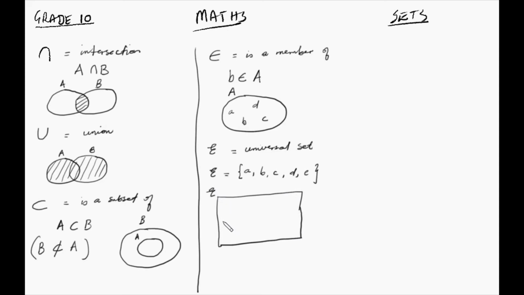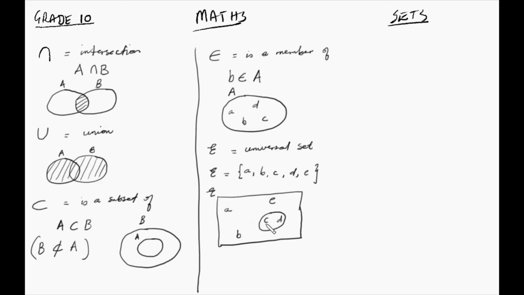Now, we could have a certain set inside here, no problem. Let's say that set had the elements C, D. Then the universal set would still contain A, B, E.